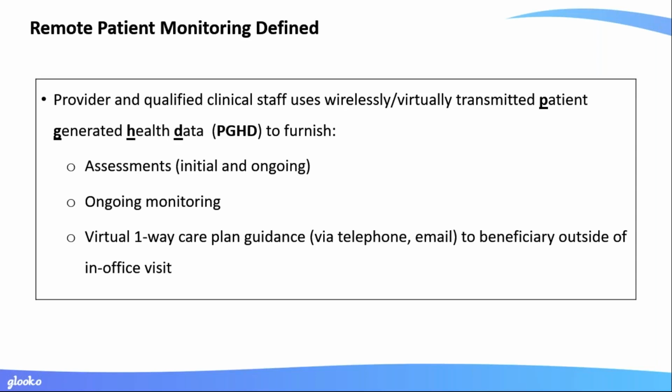We're looking at her blood glucose data, for example, and we call Martha and say, Martha, we're seeing that your blood sugar is peaking way too high after you eat, so we're going to change this in your meal plan, or change this medication, or change this insulin. And that's what we mean by that one-way care plan guidance: telephone, email, and text.